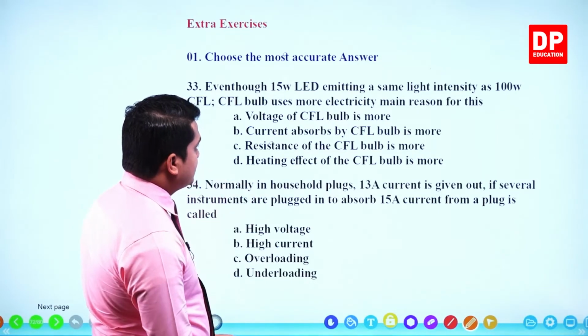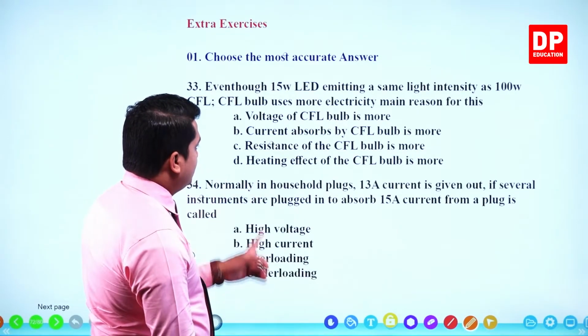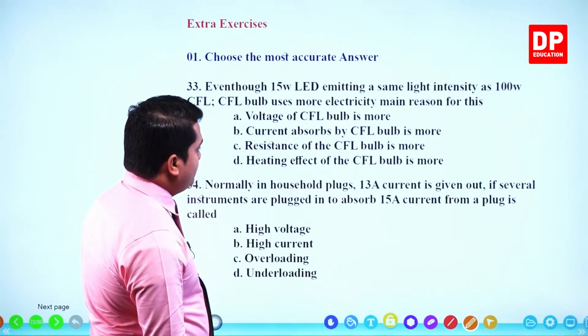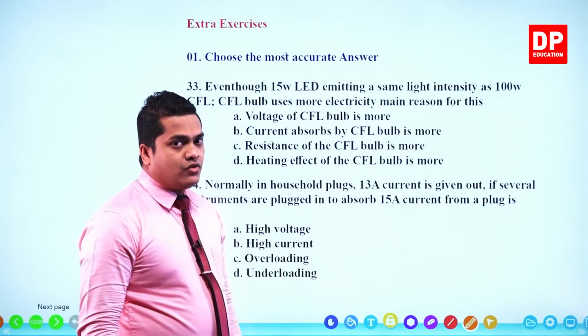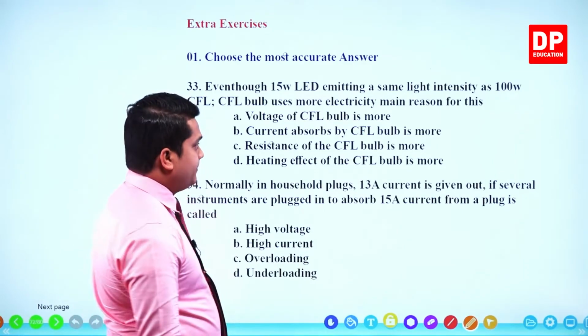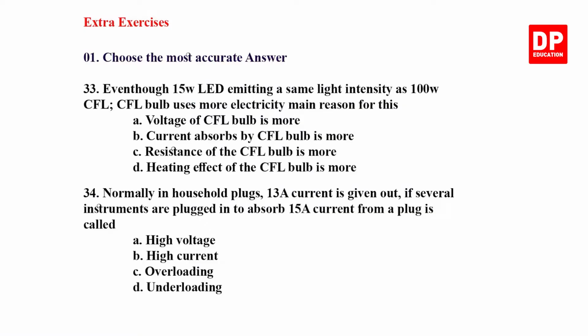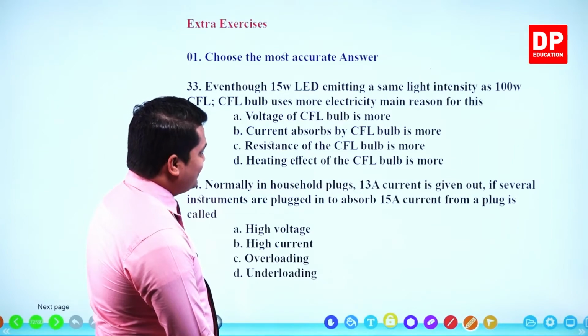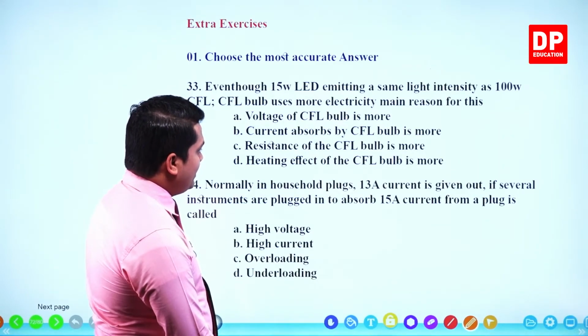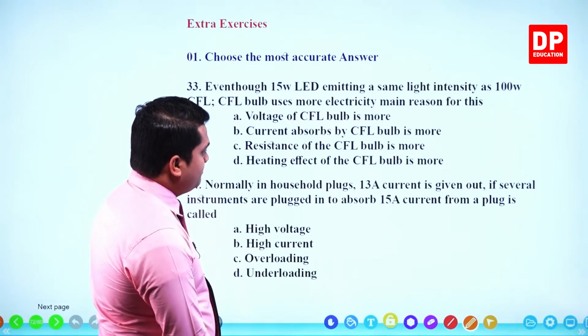The question is asking, why is that? Voltage of CFL bulb is more. No, it's incorrect. Both the things are getting plugged into the same voltage, 230. Current absorbed by CFL bulb is more. Next one, resistance of the CFL bulb is more. Heating effect of the CFL bulb is more.